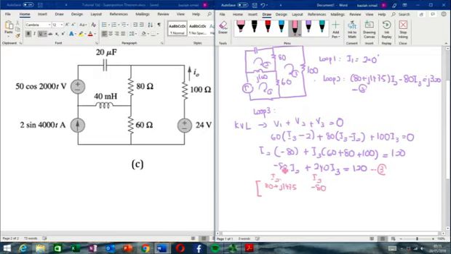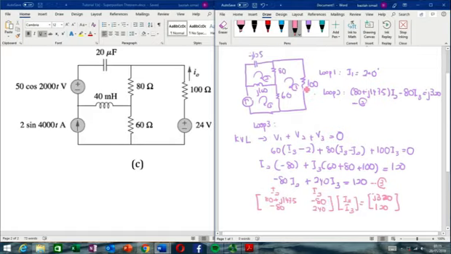And then for I2 for equation 3 we have negative 80. And I3 for equation 3 is 240. Okay. So multiply with I2 and I3 equal to, so this is the j320 and 120.